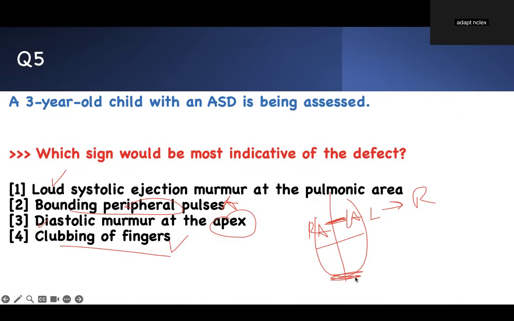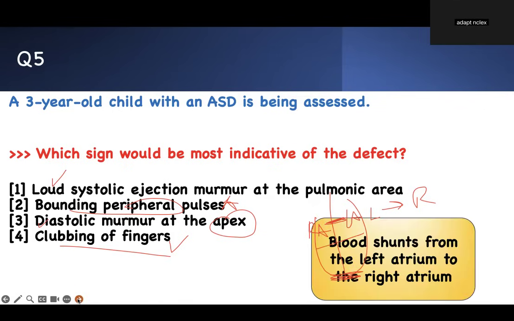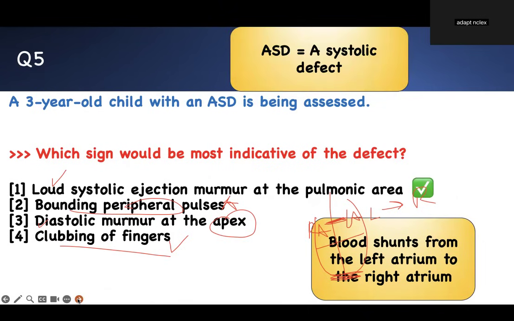But there's another way to know the mnemonic, how to remember whether atrial septal defect is a systolic murmur or not. This is the way I call it: ASD is a systolic defect. So it's a systolic murmur. But as you can see, it's between the two atria, so the location is not going to be consistent with the apex.